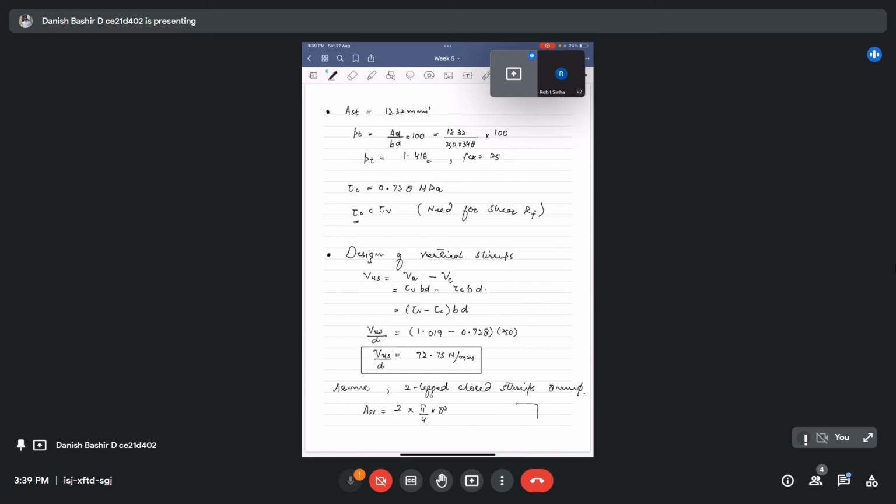Actually, our stirrups are like this. These are two-legged stirrups, so we have to take the area of this one and this one. These are two. If there were more legs, like this, here they become 1, 2, 3, 4, 5, 6, and we would have to multiply by 6. Since it's a two-legged stirrup, we will multiply by 2. It comes out to be 100.6 mm square.